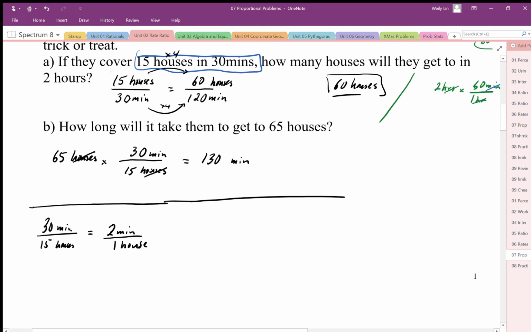Remember, our unit rate is when we divide, so we get our multiplier. Our vertical multiplier represents our unit rate, because we can do houses divided by 30 minutes, or we can do 30 minutes divided by 15 houses. That gives us the unit rate that we calculated down here. So this is our unit rate, I'm just going to put it in brackets.